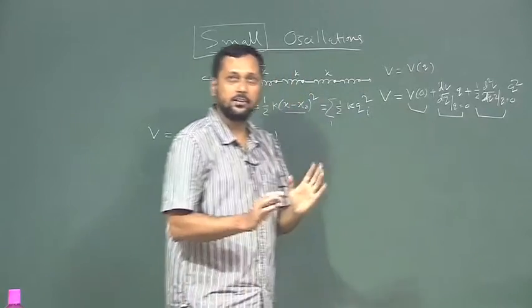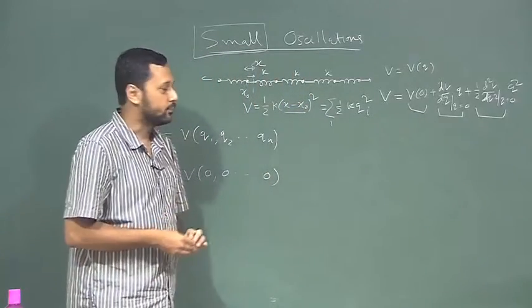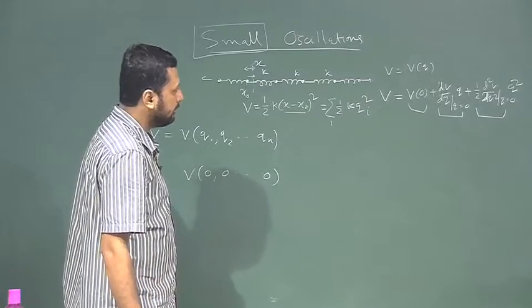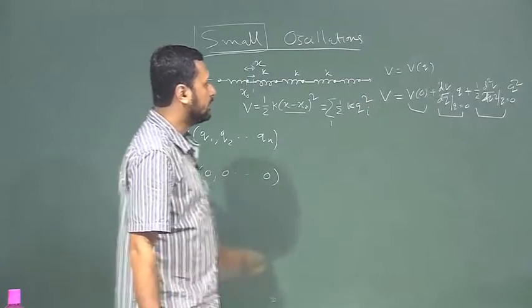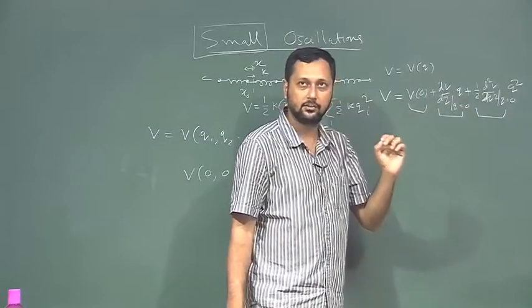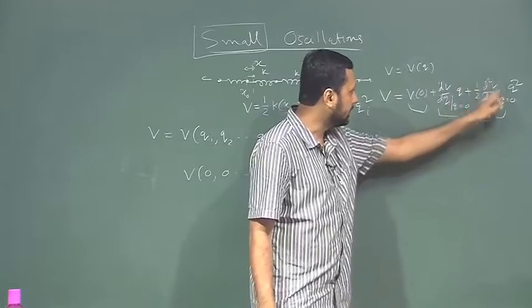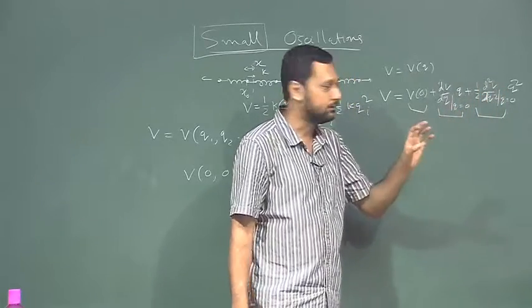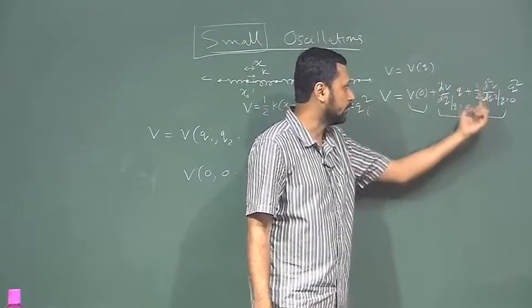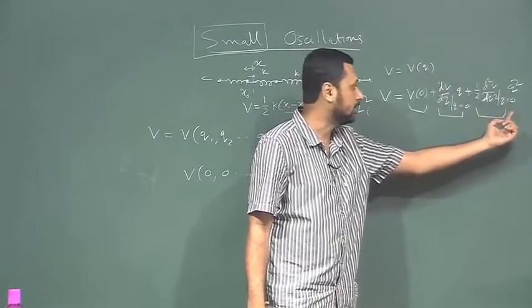Typically, even if we take the quantity q to be very small, these derivatives are not very small by themselves: the value of the first derivative evaluated at q equal to 0, the value of the second derivative evaluated at q equal to 0.